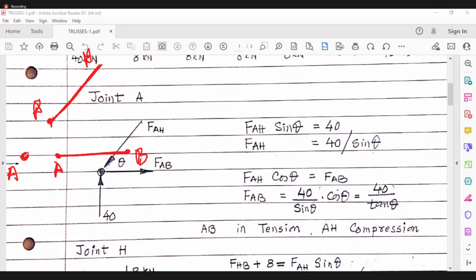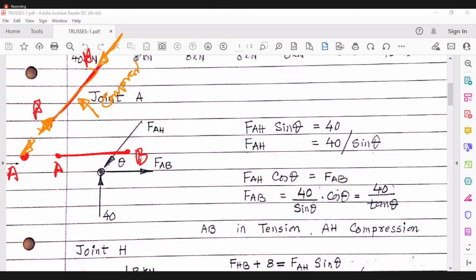Now one thing we have seen, that AH is pushing the joint. So the joint is pushing AH, isn't it? If the joint is pushing AH, if AH is pushed at A, it must be pushed at H also. Otherwise AH cannot be in equilibrium. As a result, if something is pushed by both ends, this long rod, then it must be in compression.